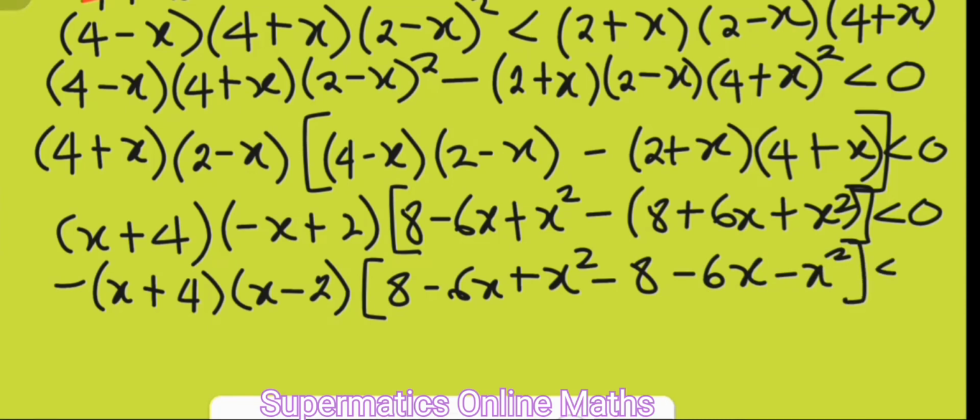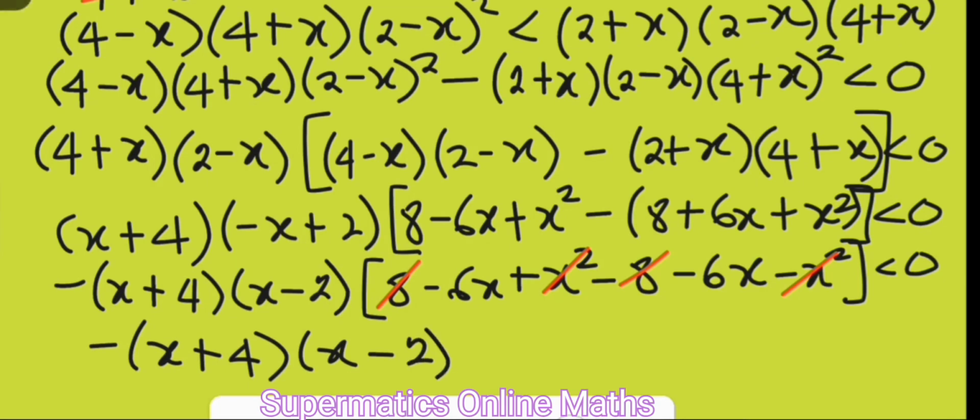Everything is less than 0. Then in the big bracket, 8 takes out -8, x² takes out x², leaving us with a product -(x + 4)(x - 2)(-12x).